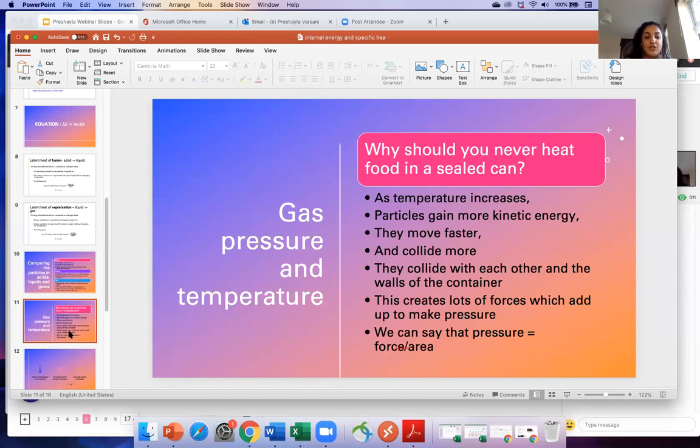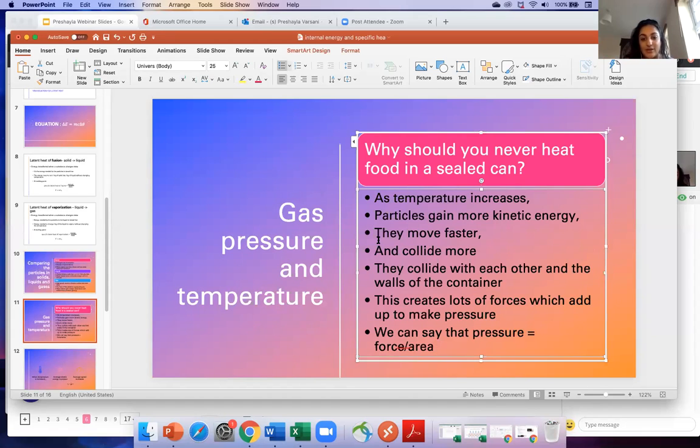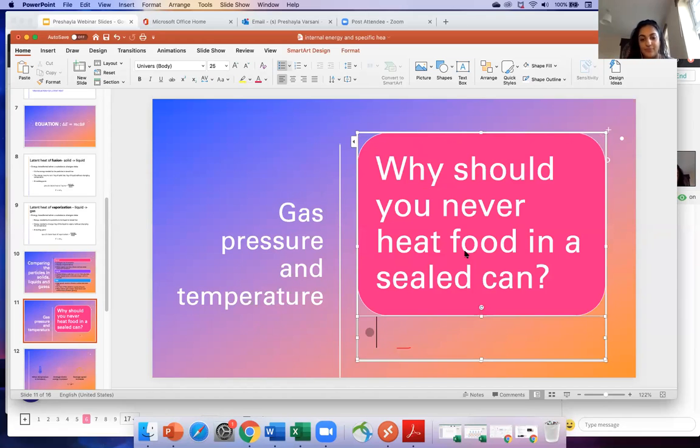Why should you never heat food in a sealed can? Why do you think you should never heat food in a sealed can? Have a think about that. Put your answers in the chat.